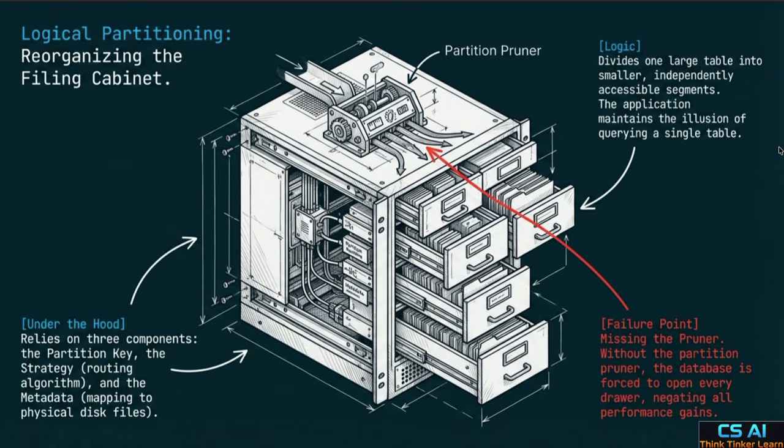Under the hood, this process relies on three components: the partition key, which determines how data is divided; the strategy, which is the routing algorithm that directs the queries to the correct partition; and finally, the metadata, which maps to physical disk files and keeps track of where each partition resides. However, there is a critical failure point, which is missing the pruner. Without the partition pruner, the database is forced to open every single drawer, negating all performance gains. This highlights the importance of proper implementation.